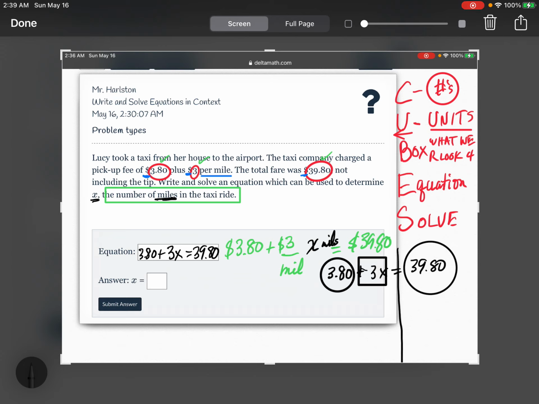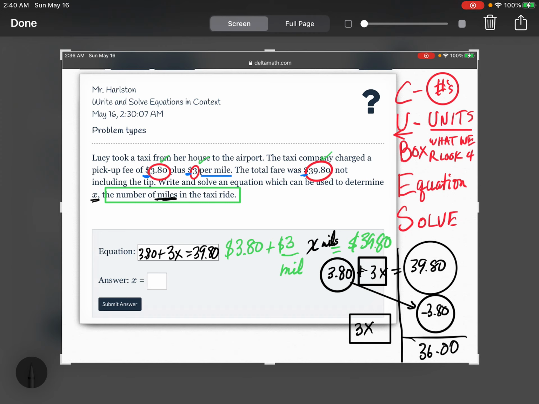I'm going to take this, move it over here. Cross the line. Change the sign. So this is going to be a minus 3.80. And then over here, we're just going to have the 3x. Right? And so $39.80, take away 3.80 is just going to be $36 over here, and over here it's going to be 3x.